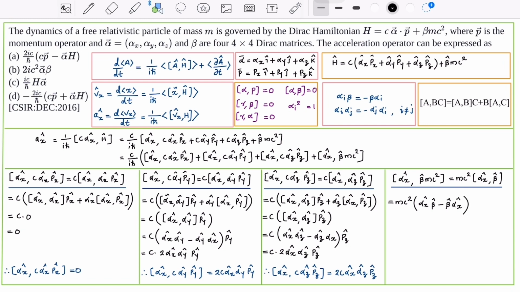We have alpha i beta is equal to minus beta alpha i. Therefore, our commutator becomes mc square times 2 alpha x beta. Hence, the commutator of alpha x and beta mc square is equal to 2mc square alpha x beta.